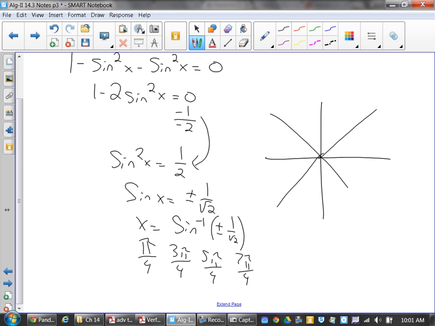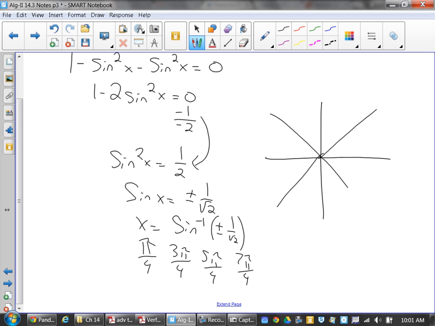That's it. You would have gotten the same result if you had rewritten it in terms of cosine, because it works out the same. What do you know about sines and cosines at 45 degrees? It's the same. That's why it works.